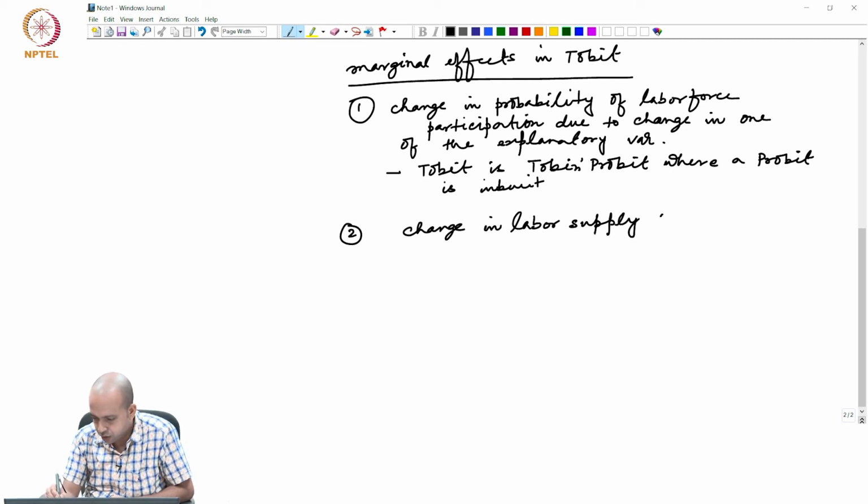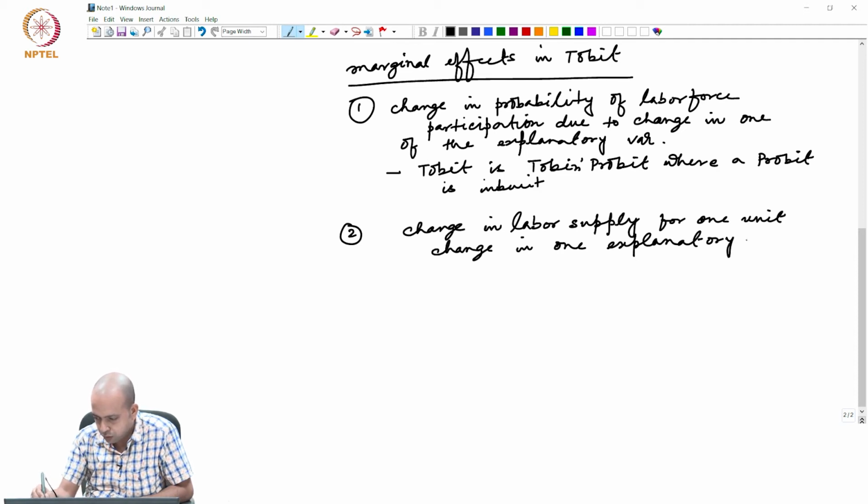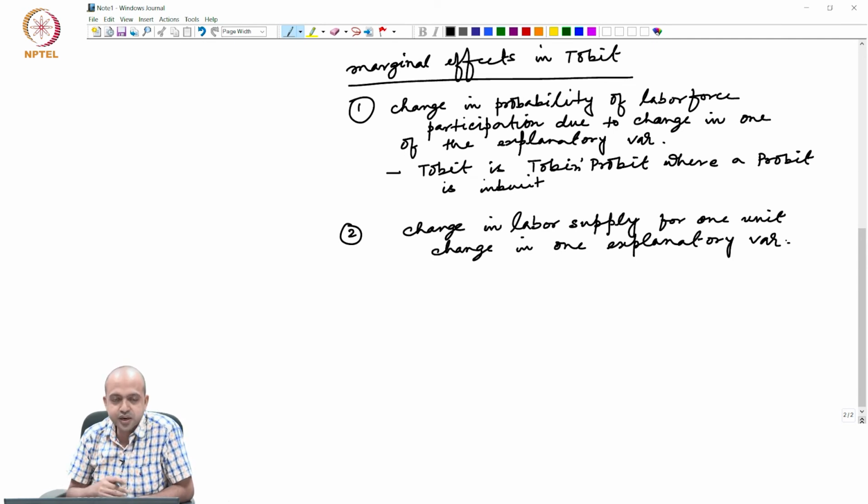for 1 unit change in one explanatory variable. For example, as education increases by 1 unit, what is the probability of labor force participation?